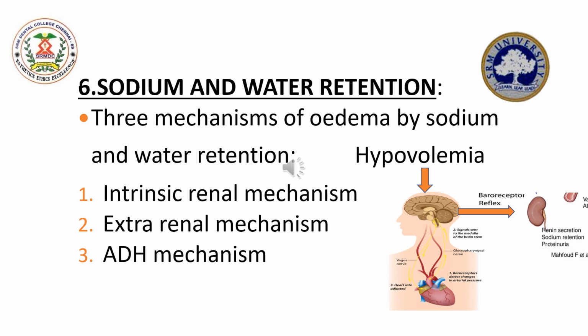Next, moving on to sodium and water retention. In this we have three mechanisms of edema by which sodium and water are retained: the intrinsic renal mechanism, the extrarenal mechanism, and the ADH mechanism. The intrinsic renal mechanism is activated in response to sudden reduction in the effective arterial blood volume, which is nothing but hypovolemia. This hypovolemia will stimulate the baroreceptors located in the carotid sinus.